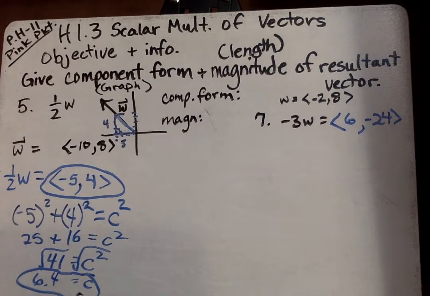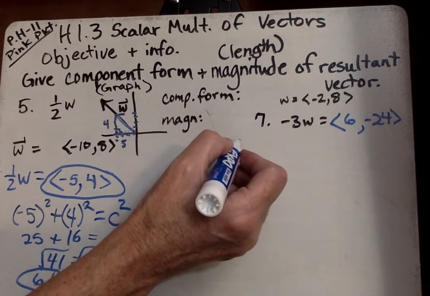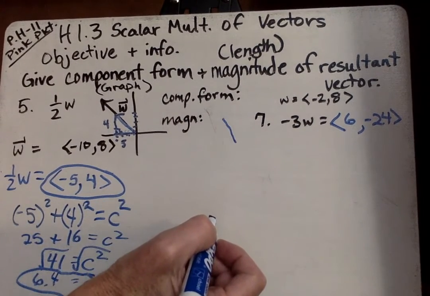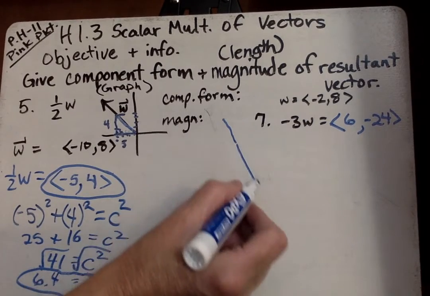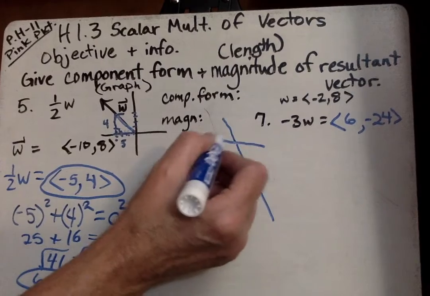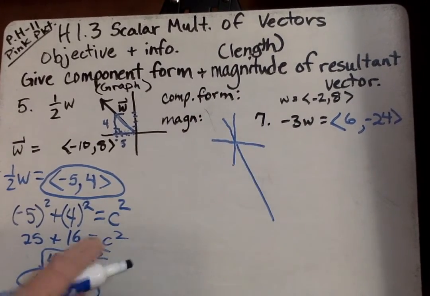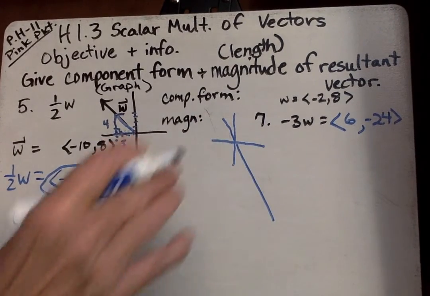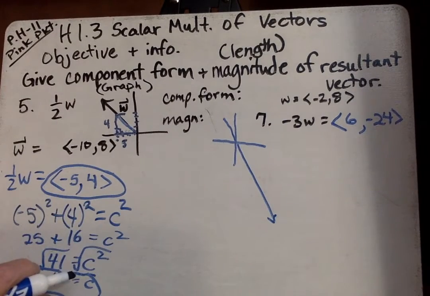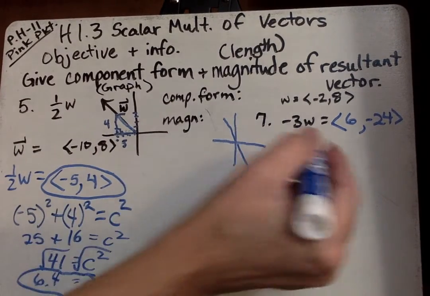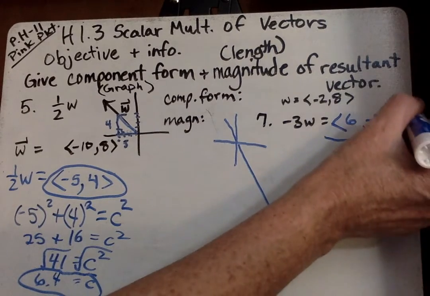Now, if we were to graph it, let's see, -2, 8 would be like that. So 6, -24 would be way down there like that, if this was your graph. So we didn't have to graph this one, but I just wanted you to see it would be down like that if you had to graph it. Okay, so there's the component form of -3 W right there.